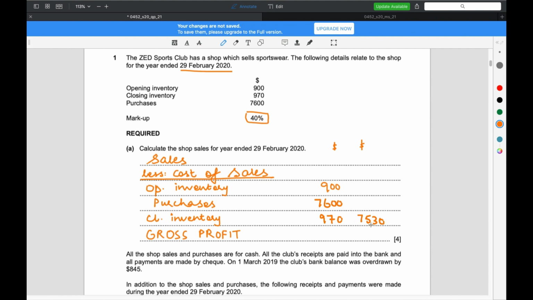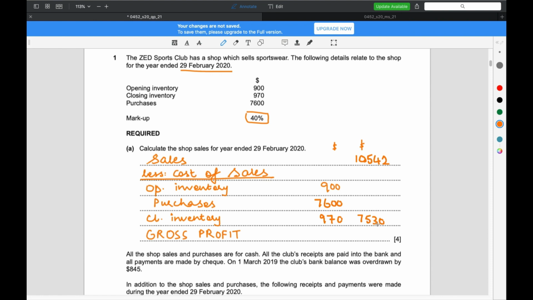All right. So now we have the cost of sales and we have the markup, so we can calculate the sales. So 40% above 7,530 is going to give you a total of $10,542. Now let me just explain how we got this. If you calculate the 40% of 7,530 and add it to 7,530, you're going to get 10,542.